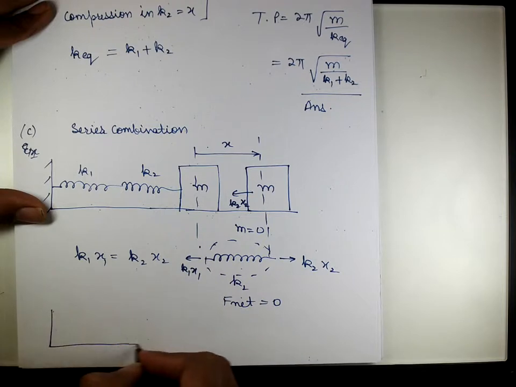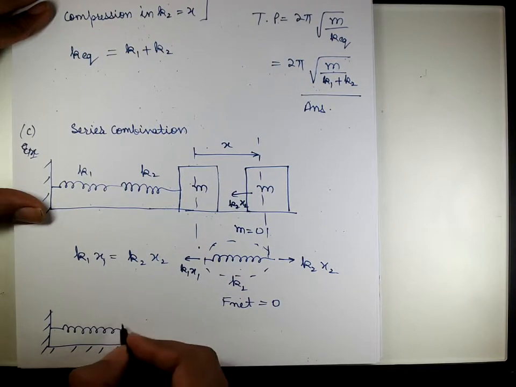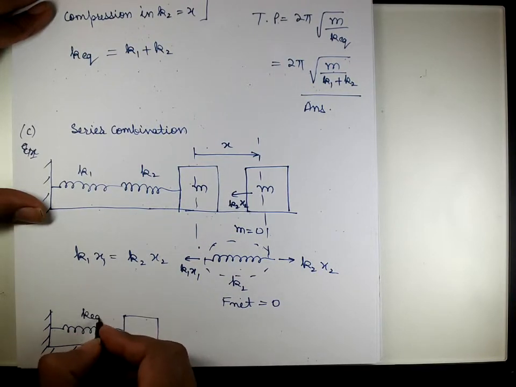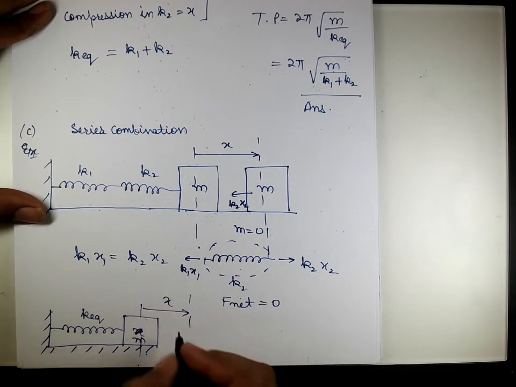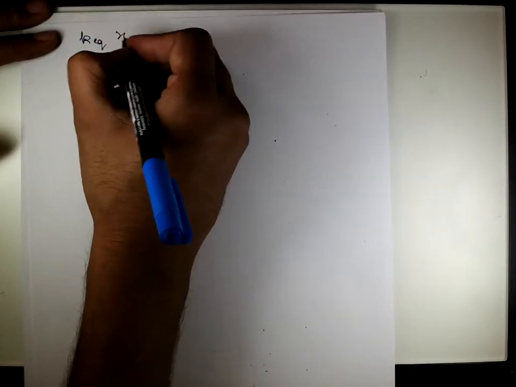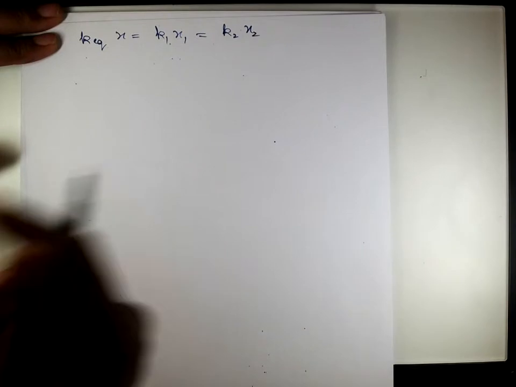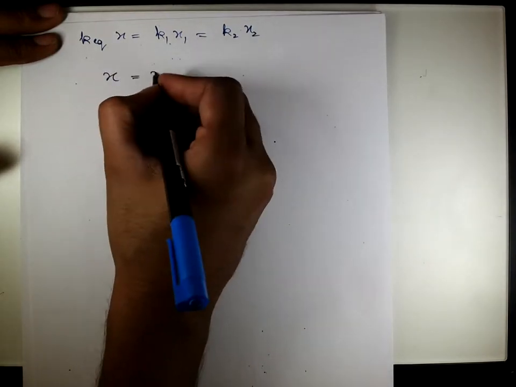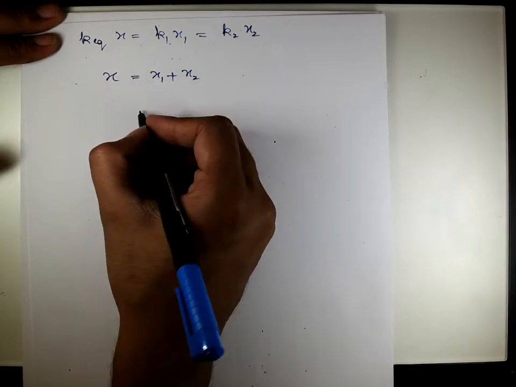If we replace this system by a k equivalent and again extend it by the same length x, the force should be equal to k equivalent times x. On changing the systems, the net force on the block does not change, hence k equivalent into x can be stated as k1 into x1 or k2 into x2. Another thing is that x is equal to x1 plus x2.